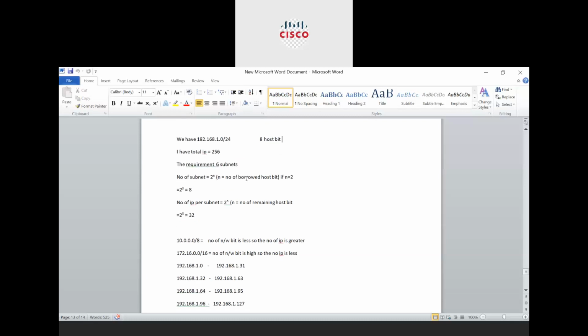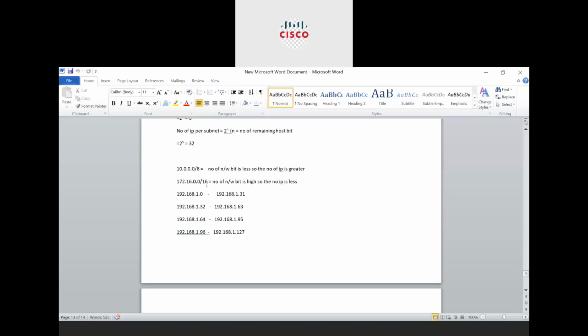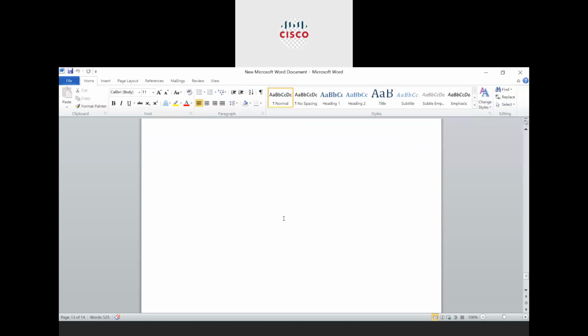For this network, the number of network bits is 27.